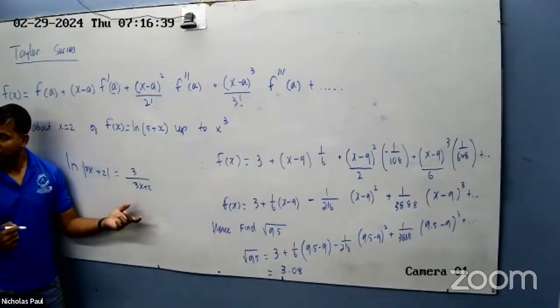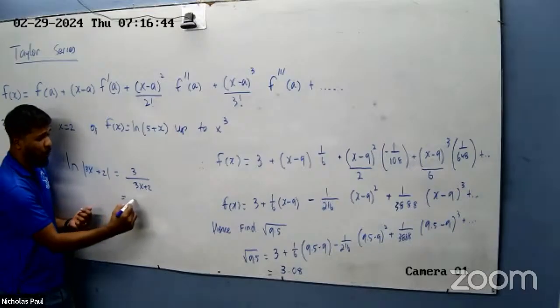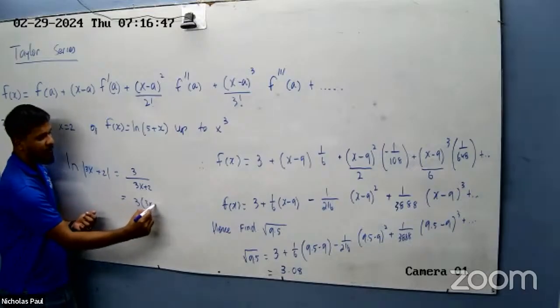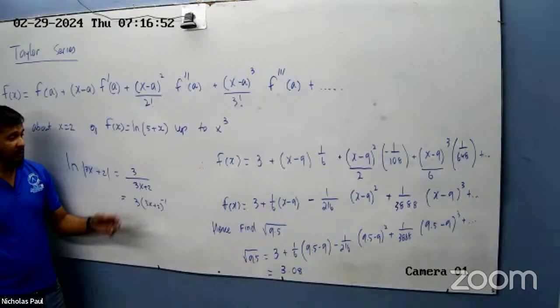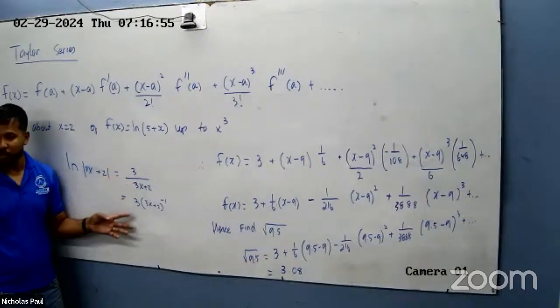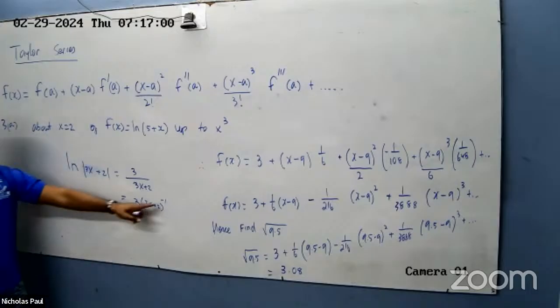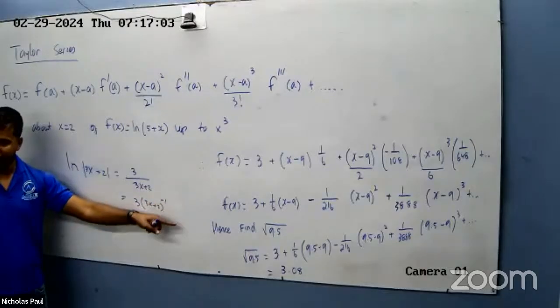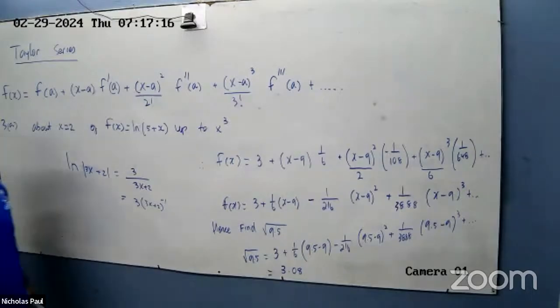You can use the quotient rule, or write 3 by 3x plus 2 and use the shortcut method. Bring down the power, differentiate the bracket, go back to the bracket. Go ahead. Do this for 6 marks.